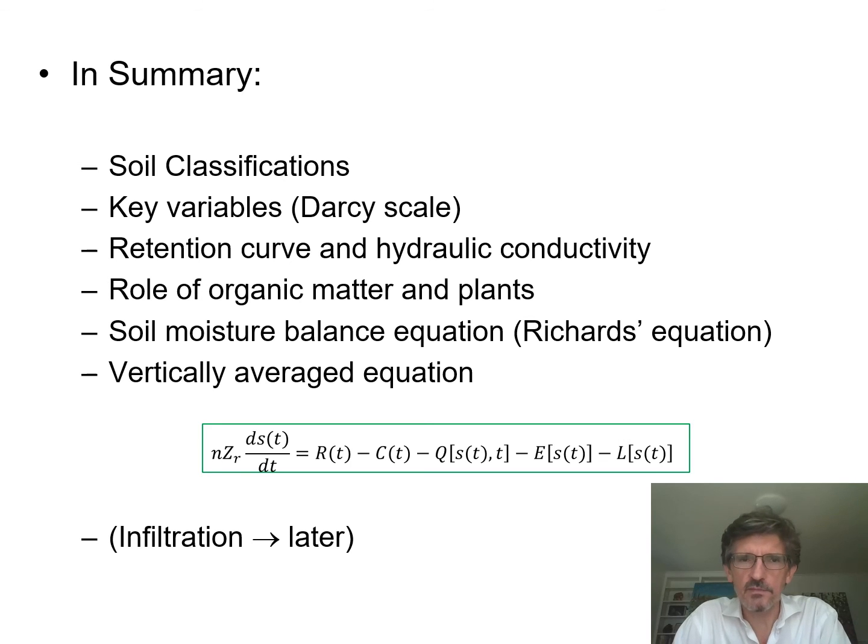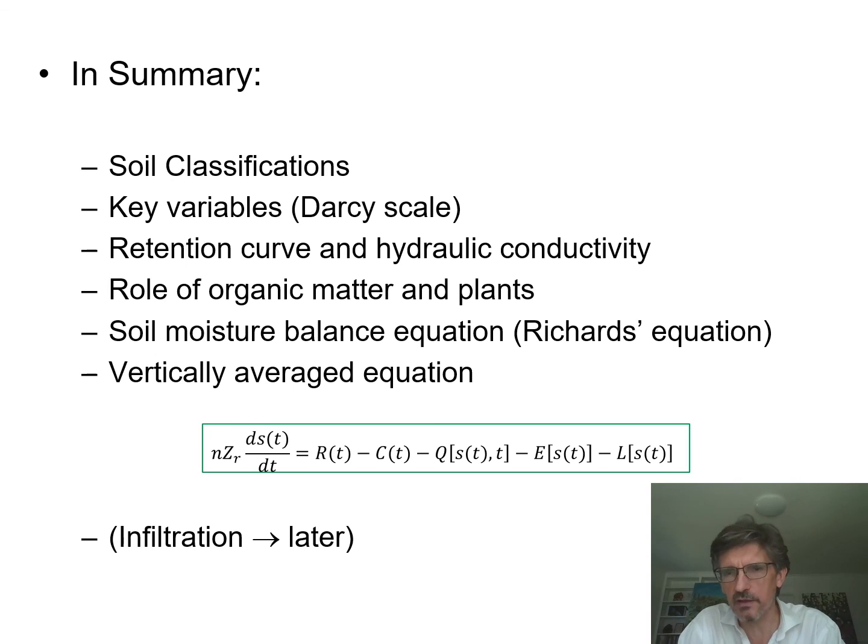So in summary, we have analyzed the first component of the soil-plant-atmosphere continuum, the soil. We have seen the various classifications of soil types. We have defined the key variables at the Darcy scale, porosity, volumetric and relative soil moisture, and so on.